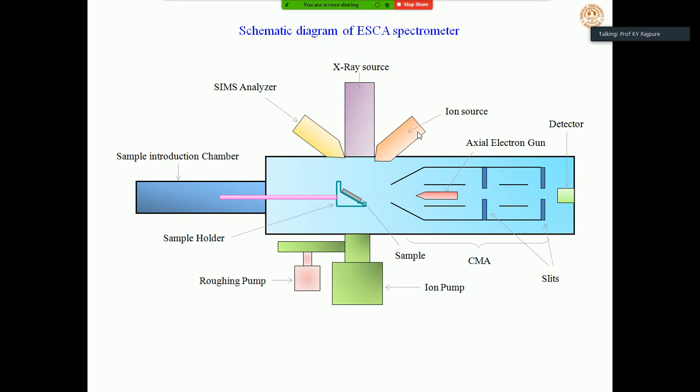Very important is the energy analyzer, such as a cylindrical mirror analyzer, the electron analyzer, and the detector. And of course you need vacuum. I'm going to tell you why you need vacuum in XPS.